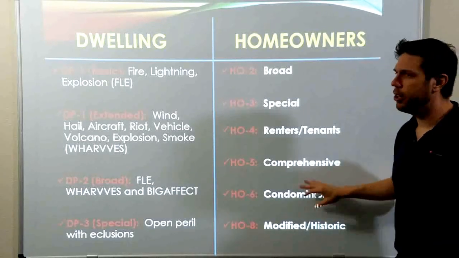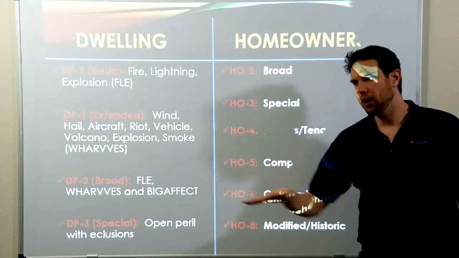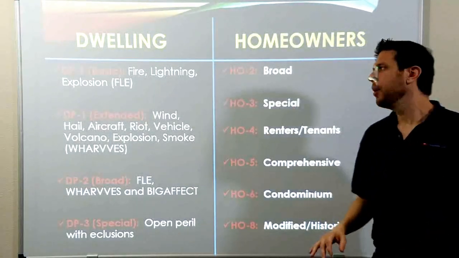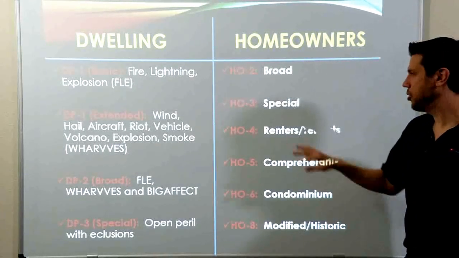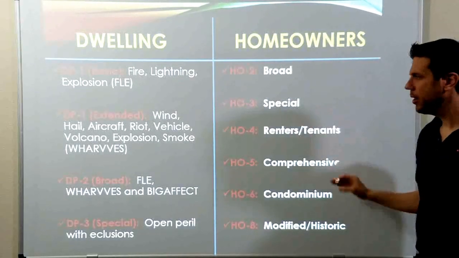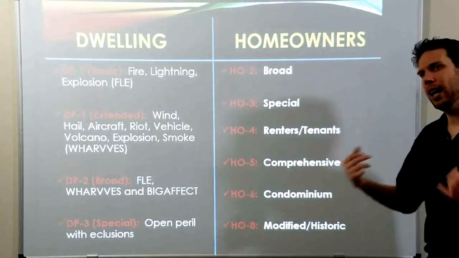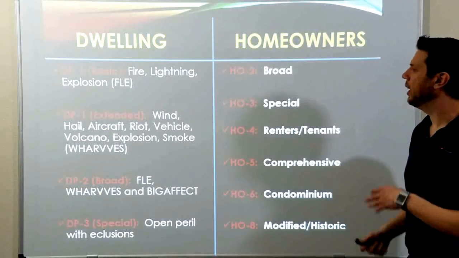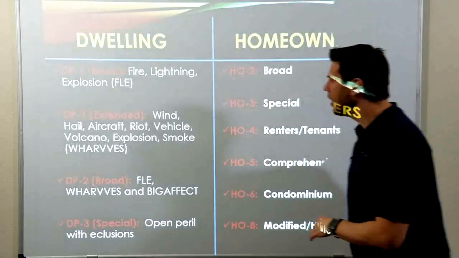So condo policies will cover the floors of the unit, the countertops, the cabinetry, the toilets, whereas the HO4, the renter's policy, doesn't cover that because you don't actually own the unit. So an HO6 is a condo policy because you own the condo. HO4 is a renter's policy and does not have coverage for all that stuff.